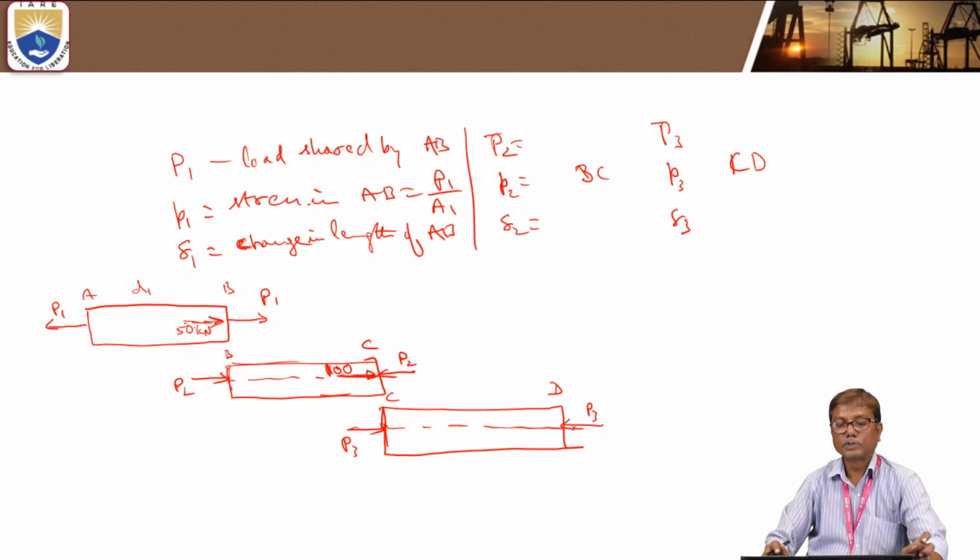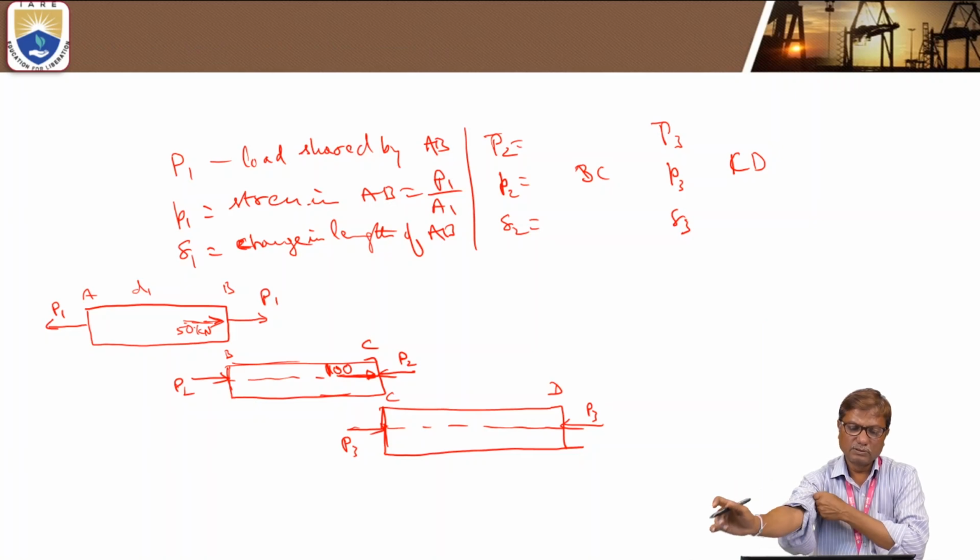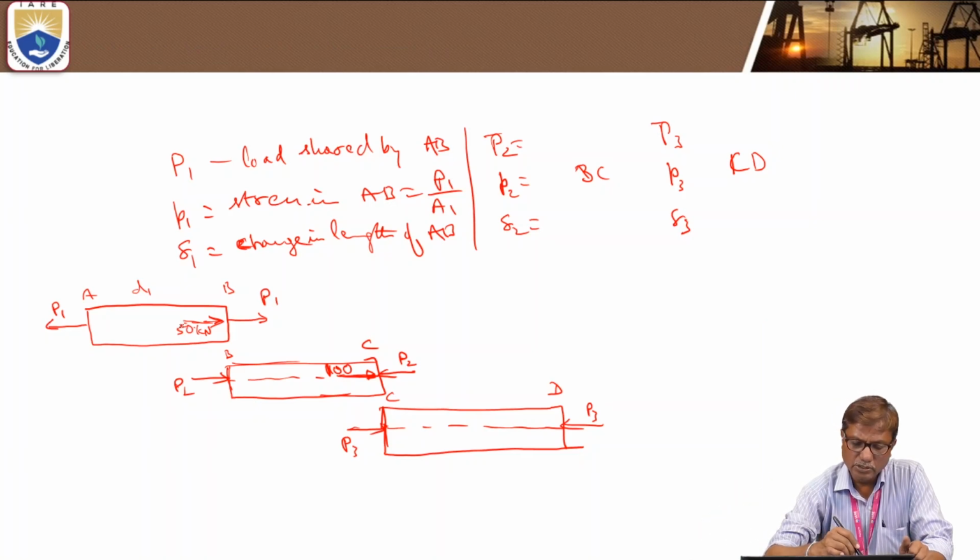Okay. Now, this 50 kilonewtons is actually shared between the members BA and BC. So here P1 is the load shared by BA and P2 is the load shared by BC.